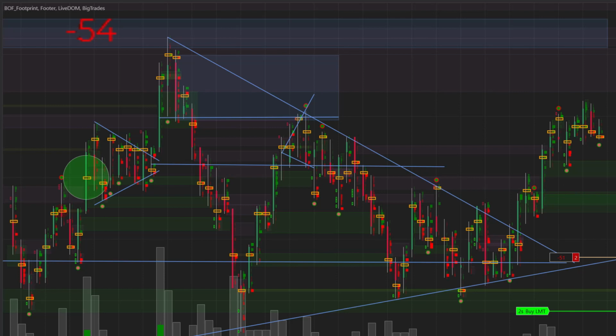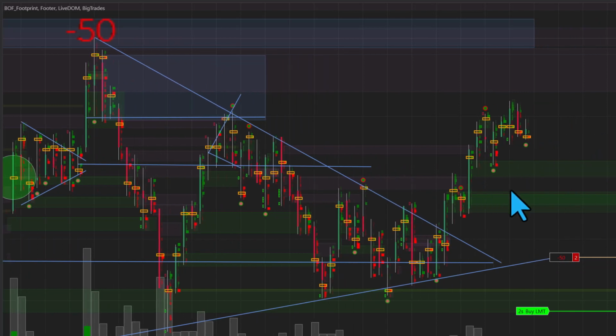This imbalance sitting here is a green imbalance. The buyers were very proactive over here. Green delta, a lot of green delta, but there's a red delta building in. Even though we're seeing the green here, the reds were still opposing.